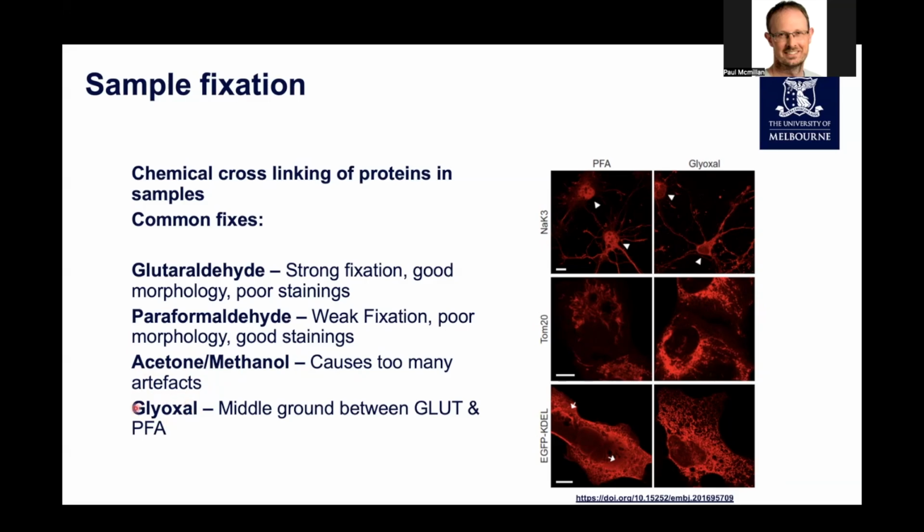There was more recently this alternative called glyoxal, which is seen as being kind of a middle ground between your glutaraldehyde and your paraformaldehyde. Again, depending on the structures that you're trying to stain, which fixation you use will change depending on those structures and those samples that you're trying to visualize.